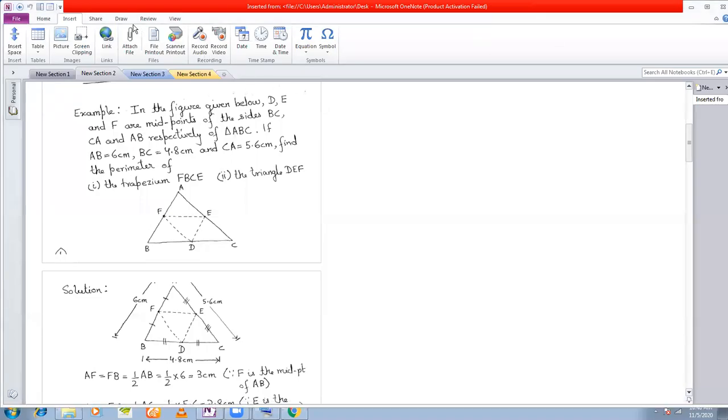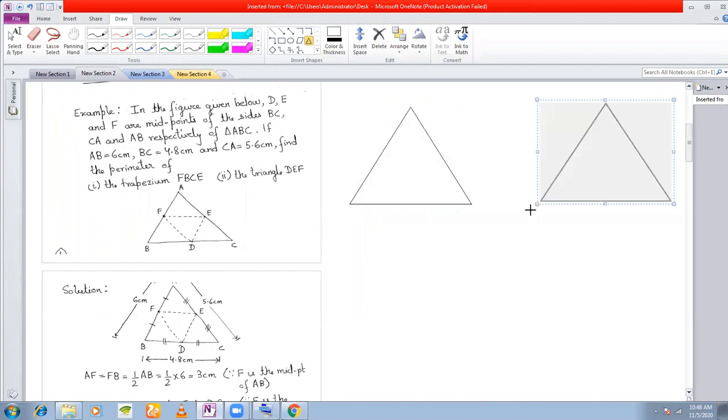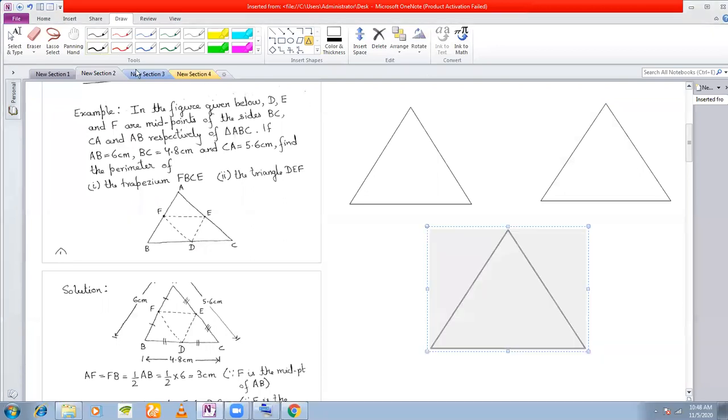As I told you yesterday, in the midpoint theorem, suppose you have a triangle ABC and you have P, Q as the midpoints of two sides.